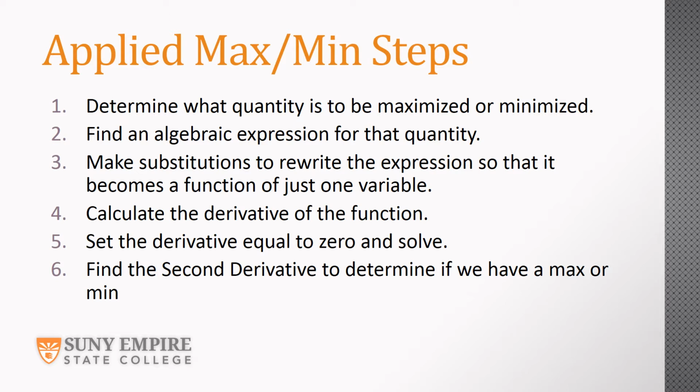Then we need to make algebraic adjustments so that we only have a function of one variable. After that, the process is identical to the process when we had an obvious function. Find the derivative of the function. Set the derivative equal to 0 and solve. Then find the second derivative and ensure we have correctly discovered a maximum or minimum.